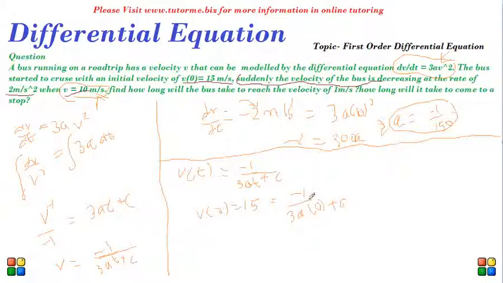I just replaced time t with 0, so I will have c equal to negative 1 over 15.